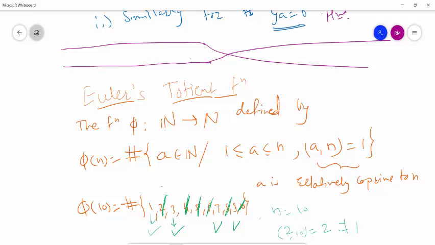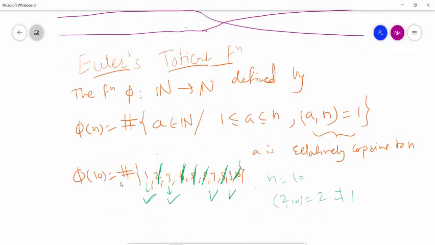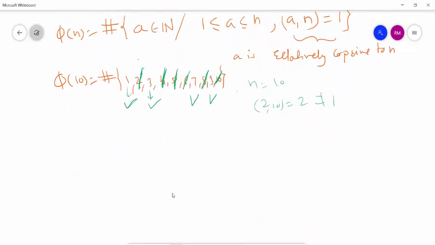So how many numbers remain with GCD 1? 1, 3, 7 and 9. Writing this in a proper way, only 4 elements are remaining: 1, 3, 7, 9.